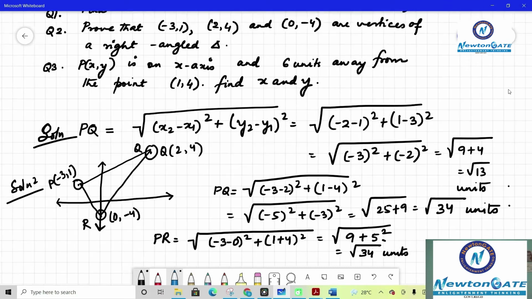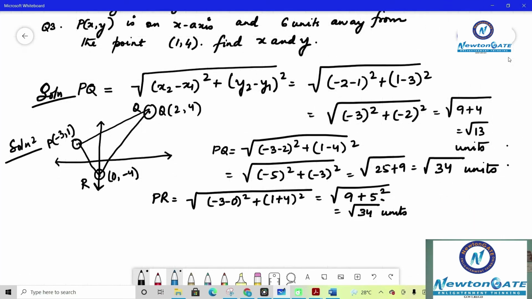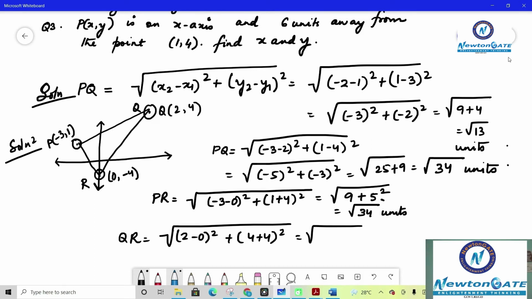Now, on to the final side, we have Q and R. Again we have the points, so we can take 2 minus 0 whole square plus 4 plus 4 whole square, that is 4 plus 8 whole square, that is 4 plus 64, that is 68.